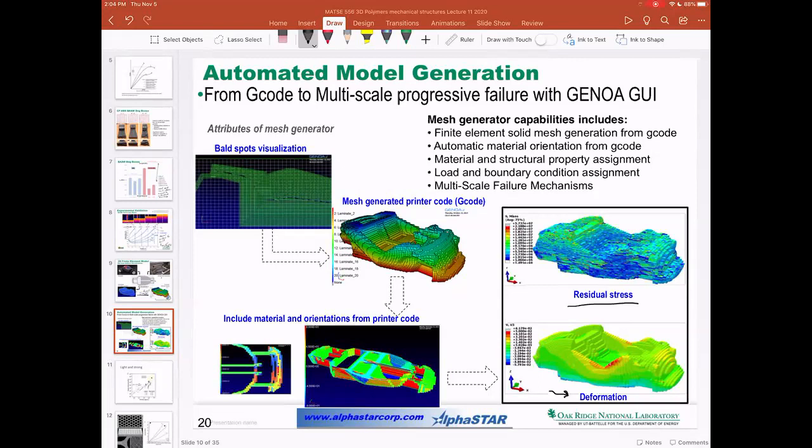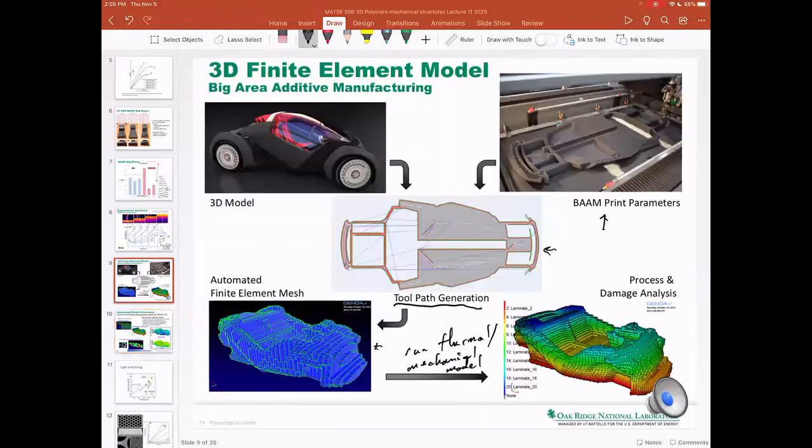That's a little bit different type of model than this model, but at least this now gives the people printing these large structures what multi-scale failure mechanisms might look like based on the residual stress, where the deformation is based on the strength of the material, and trying to figure out what's a good way to print this car versus what might not work. And so this all helps in trying to figure out the best way to print this structure based on all the thermal inputs.